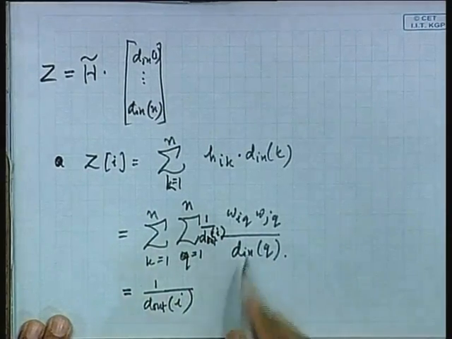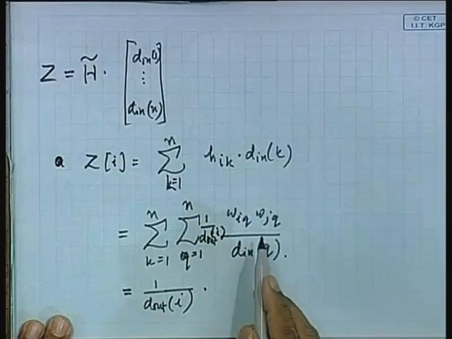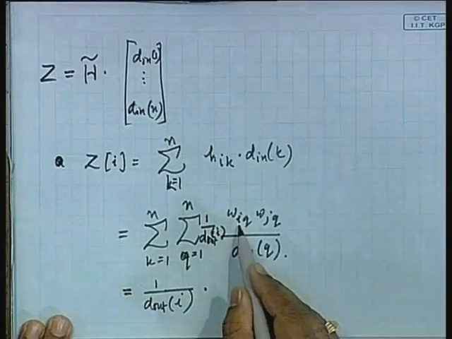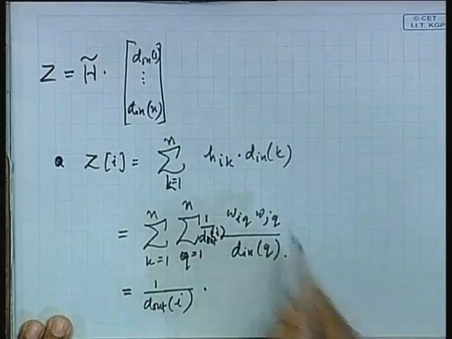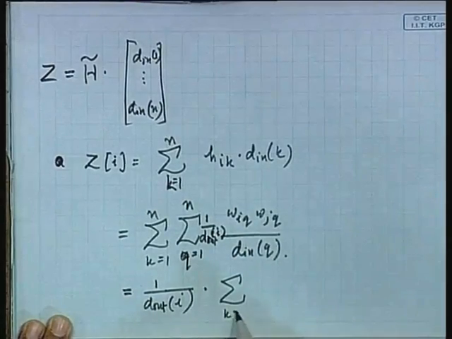Anything else that you can bring out? So, the summation depends on Q, 1 to n. So, yeah, nothing else you can bring out.